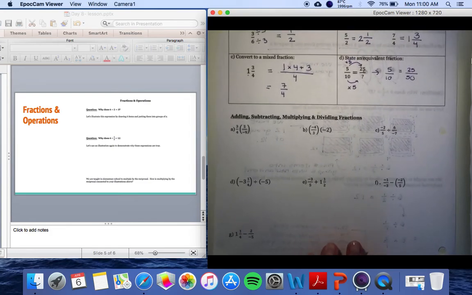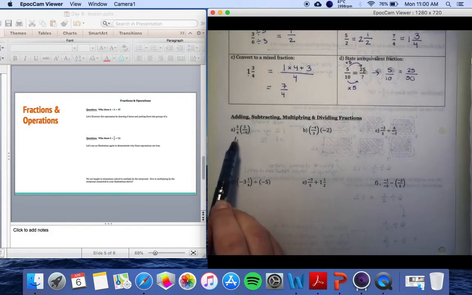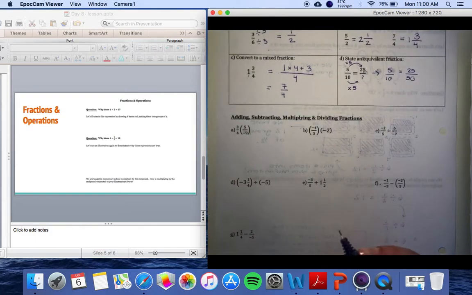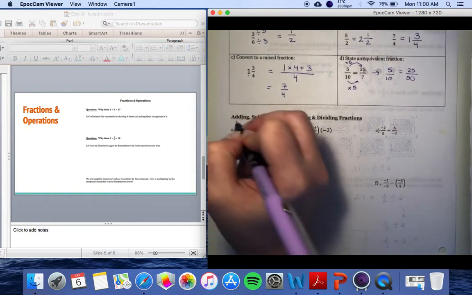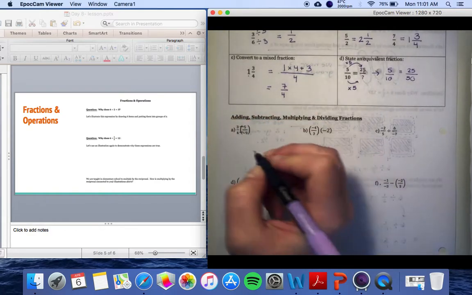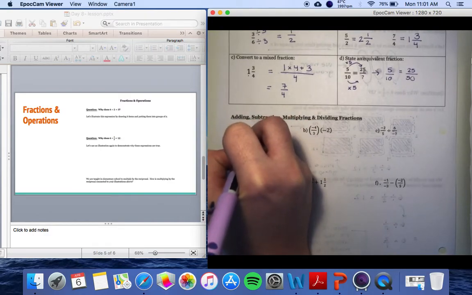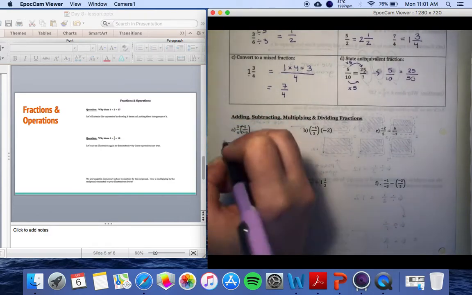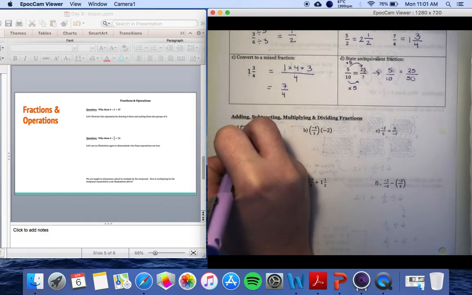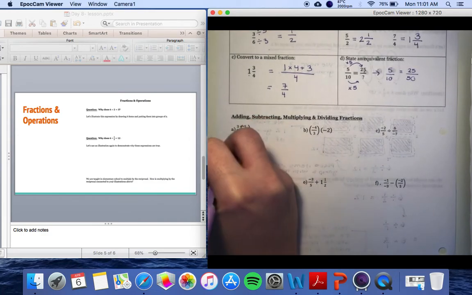So now we're just going to do some practice at the bottom here. When we are multiplying fractions, remember, all you're going to do is multiply the numerators together and multiply your denominators. So I'm going to take 3 times 5 at the top, and I'm also going to multiply 4 times negative 9.